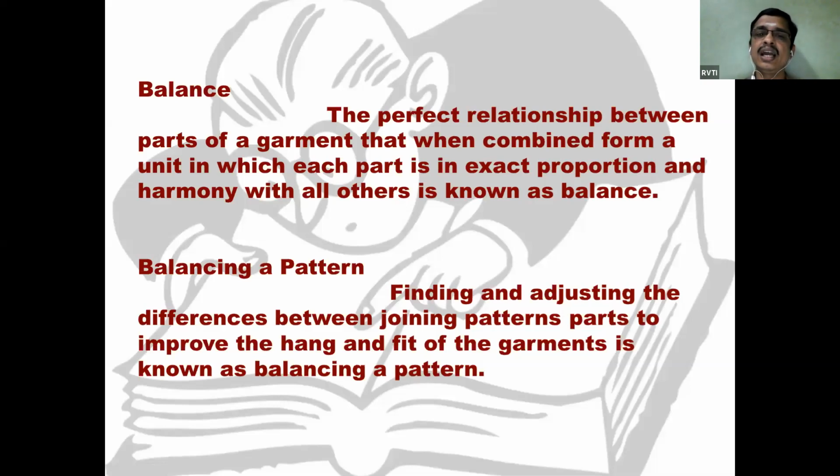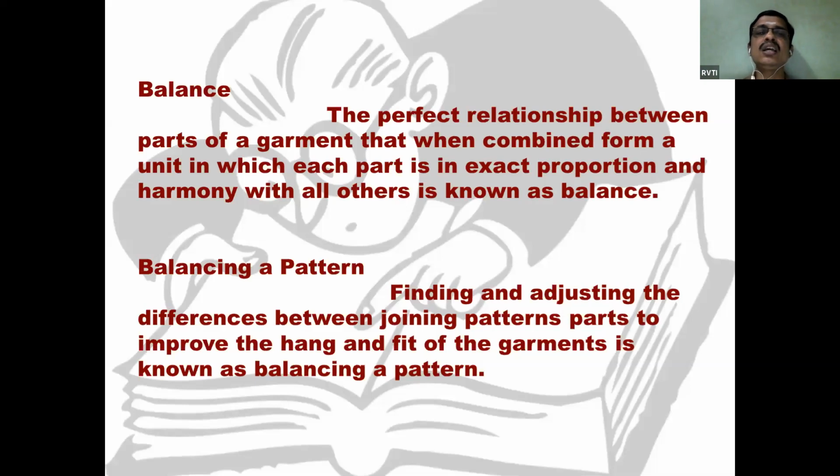But normally, balancing means we have to match, or give equal importance to two sides, front or back, or two things. In pattern making, balance is a perfect relationship between the parts of the garment that, when combined to form a unit, each part is in exact proportion and harmony with the others. That is known as balance.